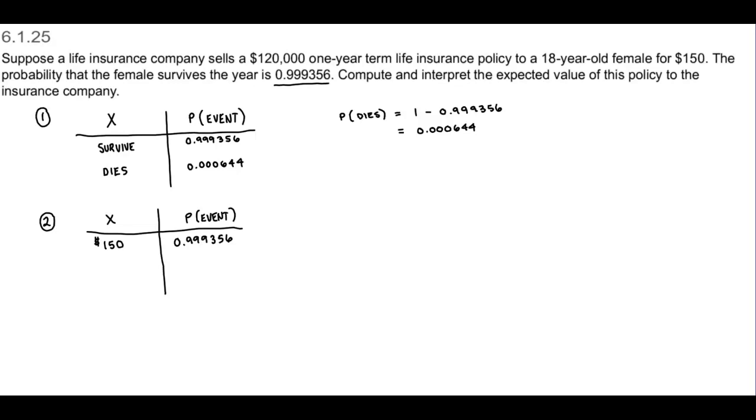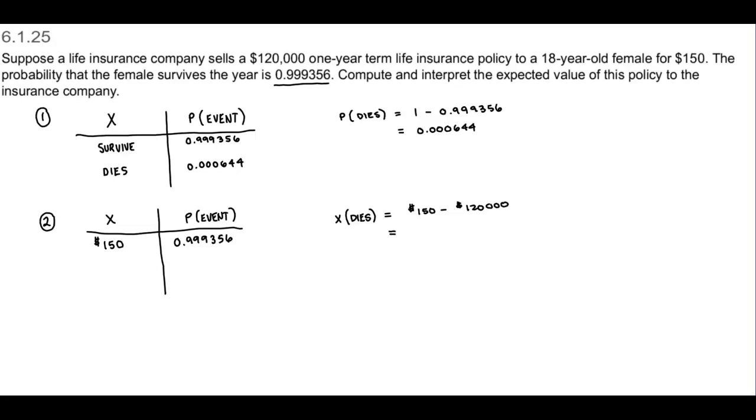Now, if the client dies during the year, the insurance company must pay $120,000 to the client's beneficiary. However, the company still keeps the $150. So to figure out the value of x for dies, we take the $150 and subtract the $120,000 from the life insurance policy.